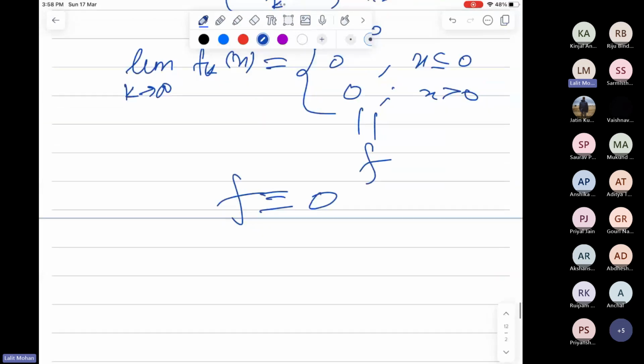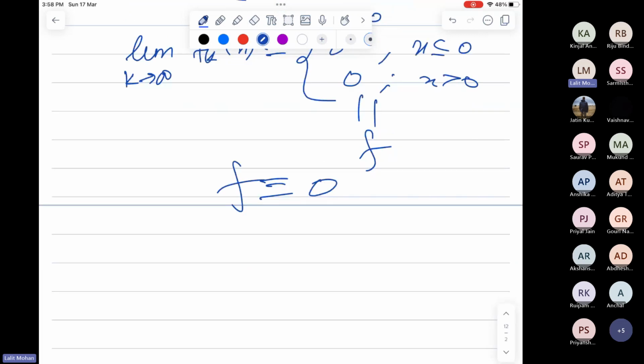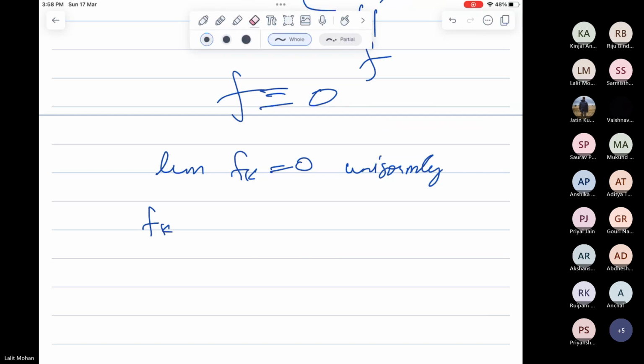So till now, you can easily show, you can just write it mathematically, that f_k of x converges to 0, and when x is greater than 0 this will be the limit of 1 by k. But here the limit is pointwise, so we have to show that the limit of f_k equal to 0 is uniform. And this you can do by the Archimedean property. Say let epsilon be greater than 0.